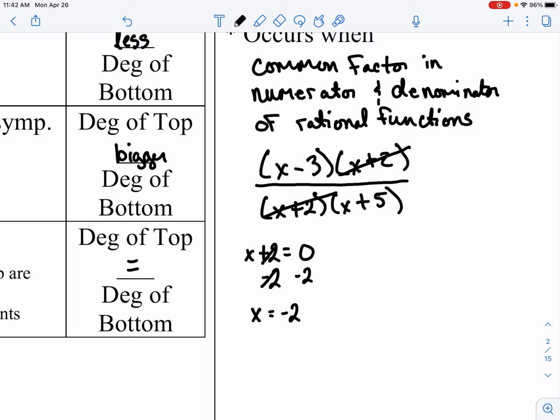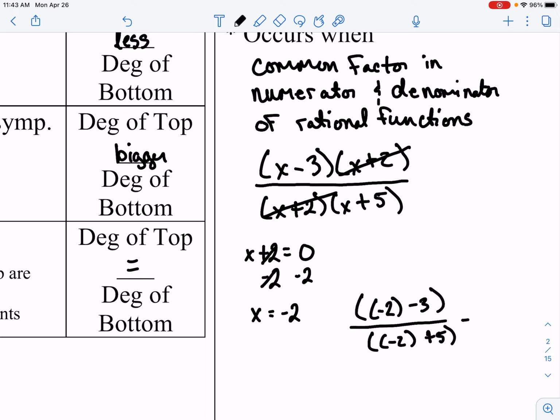From here, to find the rest of your point, you're going to evaluate your remaining piece of the function by plugging in negative 2. So it'll look like negative 2 minus 3 all over negative 2 plus 5.